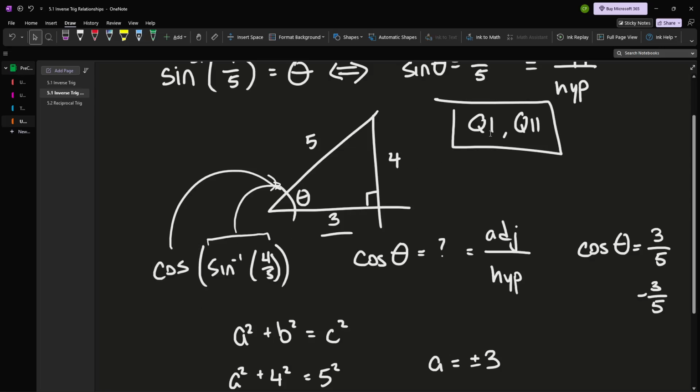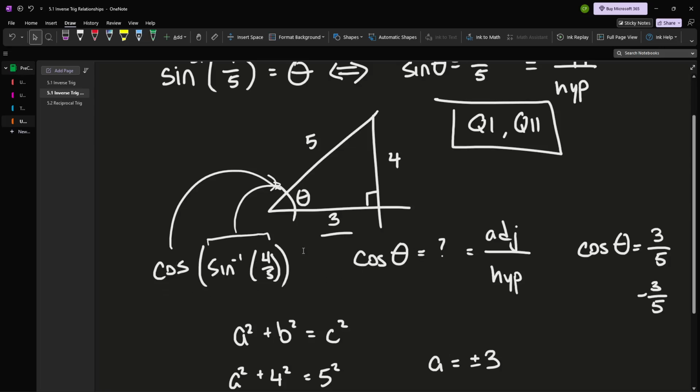Actually, before we do that, we first identify what quadrants we are in. So it being sine to give us this triangle tells me that I have quadrant 1 and quadrant 2 as my quadrants for this triangle. Now we look at our outside trig function, and we want to solve for the ratio of it, by also keeping in mind our quadrants.